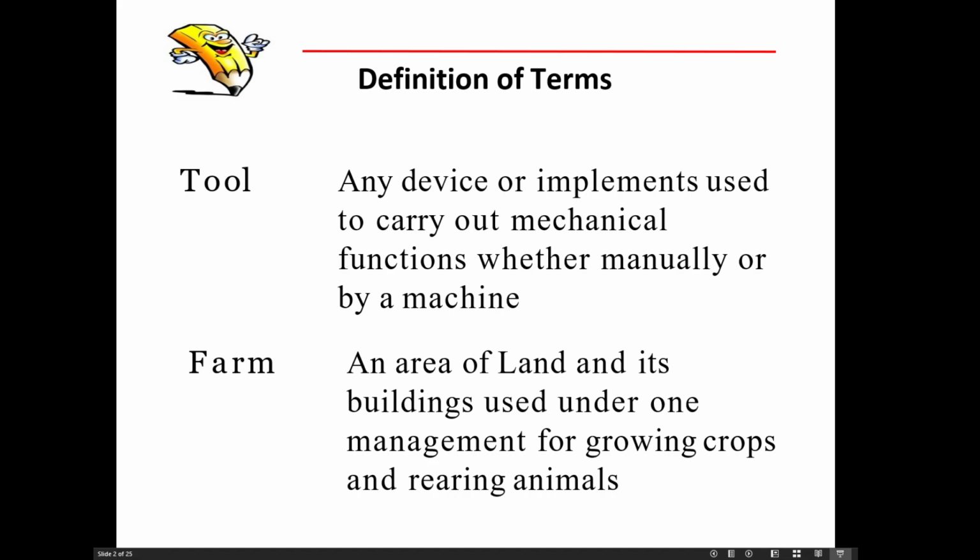If you do have the tool, of course, you should also have the farm. So, a farm is an area of land and its buildings used under one management for growing crops and rearing animals. Yung farm daw, pwede ang isang vast amount of land, malawak na lugar, under one management.